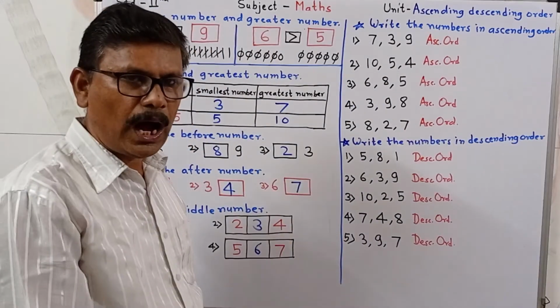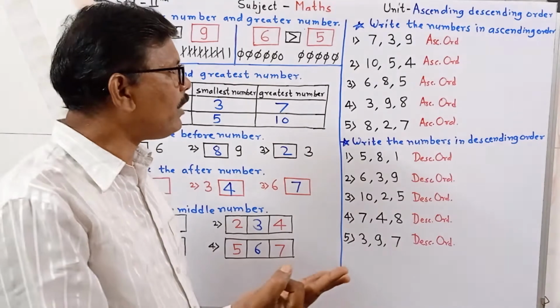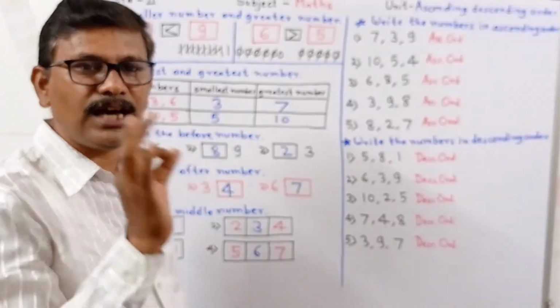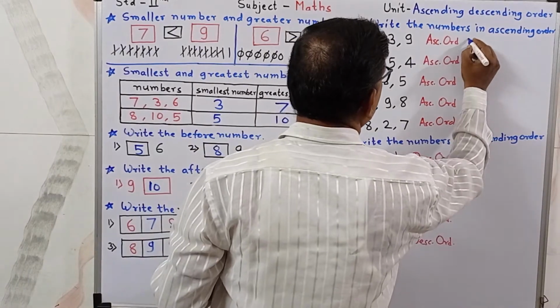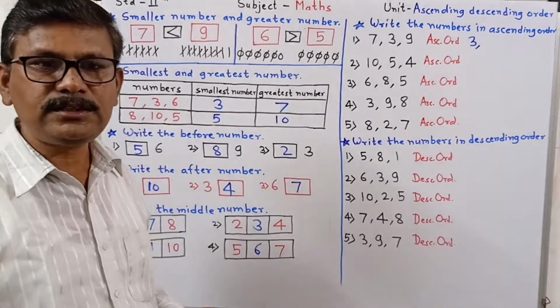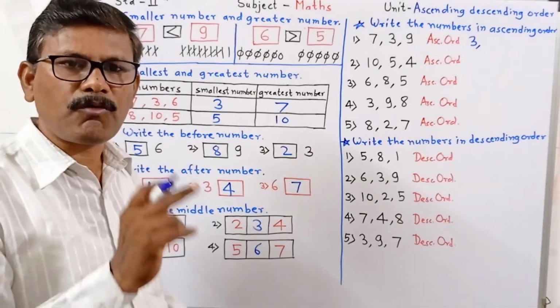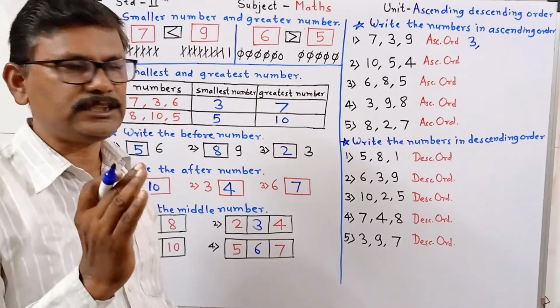Count. 1, 2, 3. Which number has come? 3. 3 is the smallest number. So write here 3 first. In ascending order, we must write the smallest number first and then the greatest number last.